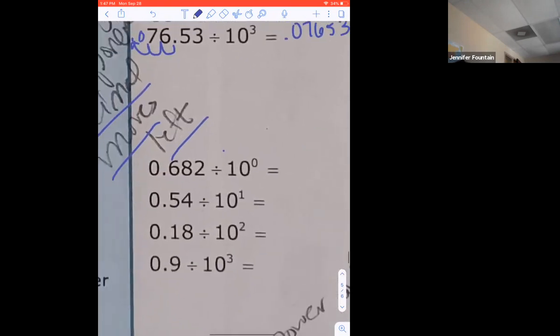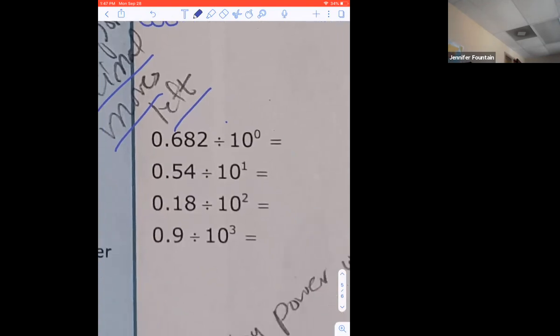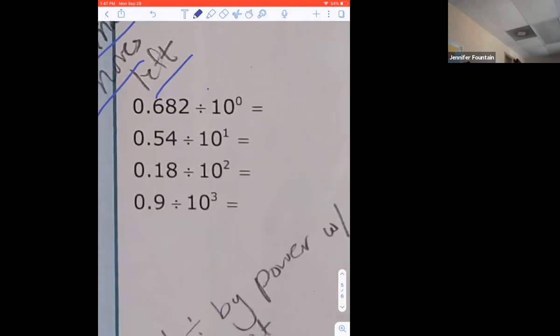All right, now I've got some small decimal numbers divided by my powers. So divided by 1 just stays the same, 0.682. Divided by 10 to the first means I move my decimal one place, so 0.0682. That's not right because that's a 5-4.